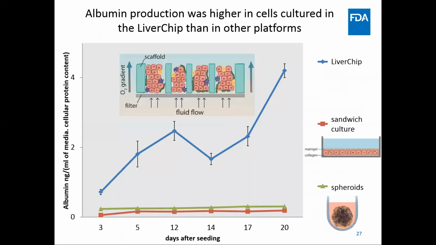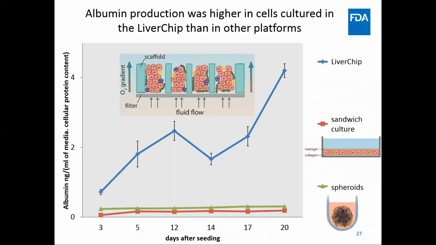So the next slide addresses how the LiverChip function lasts longer than sandwich cultures and spheroids, and the magnitude of function is higher than the function in sandwich cultures and spheroids with the same cells.